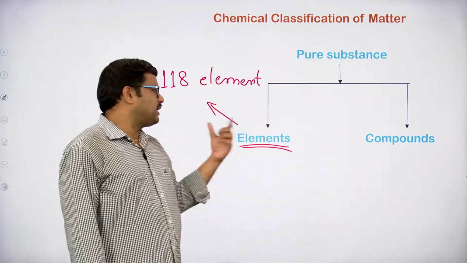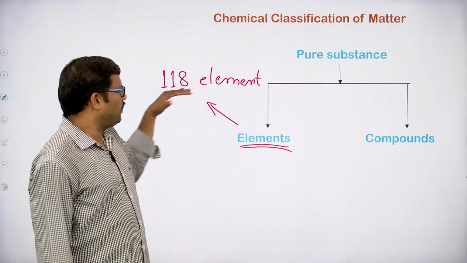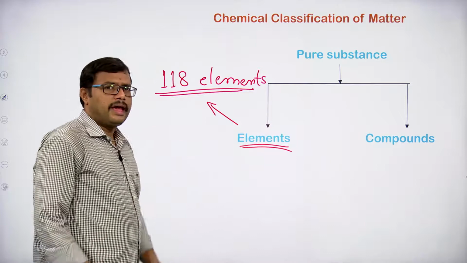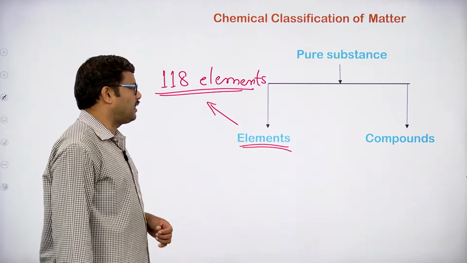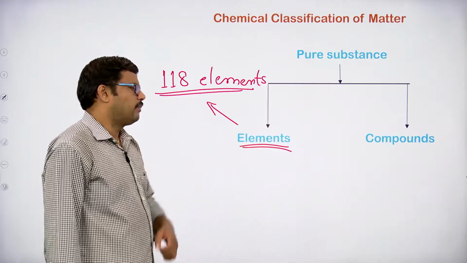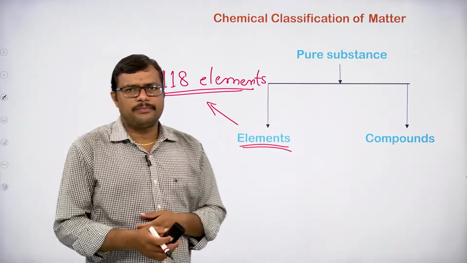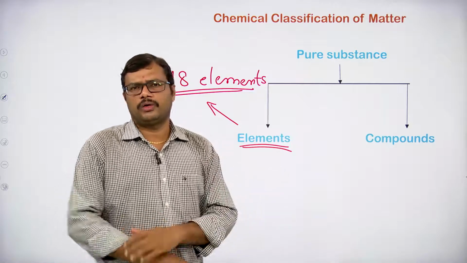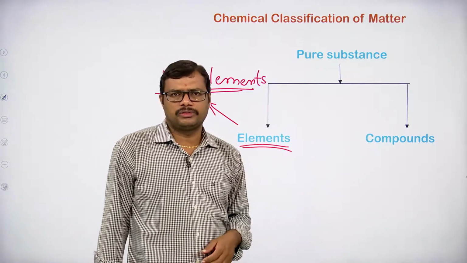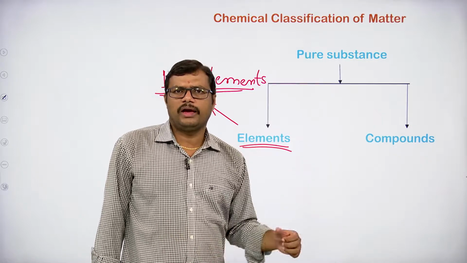In the periodic table, if you observe, we have 118 elements available. So, element is a pure form. Right. When atoms of elements combine, we get the corresponding compounds. For example, water: how are we getting it?